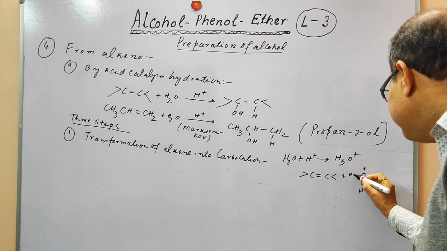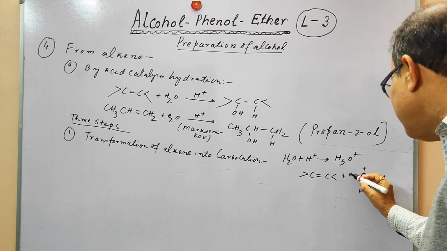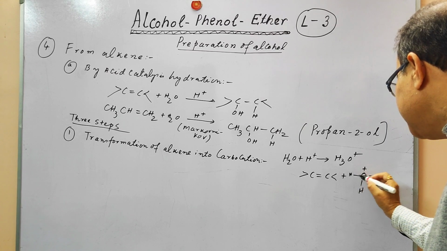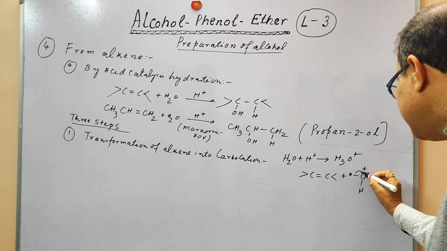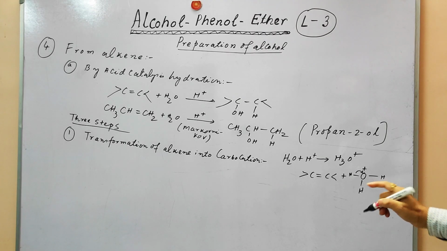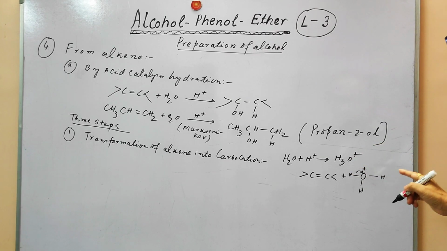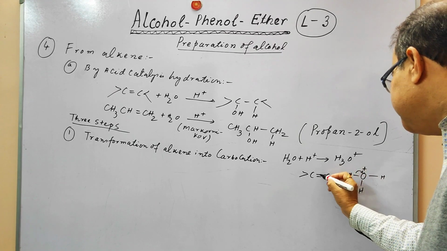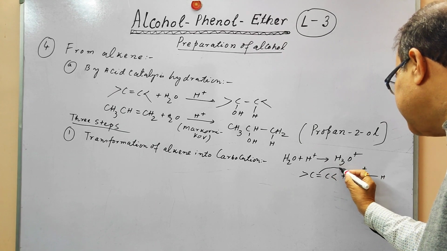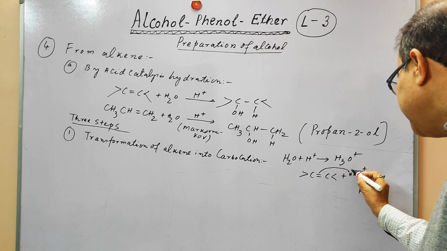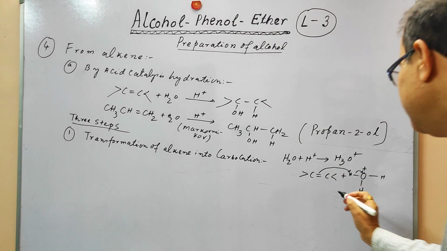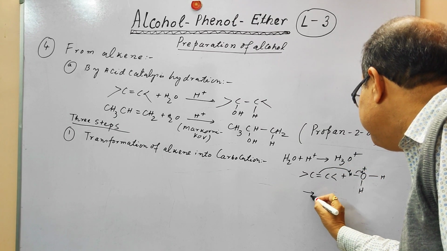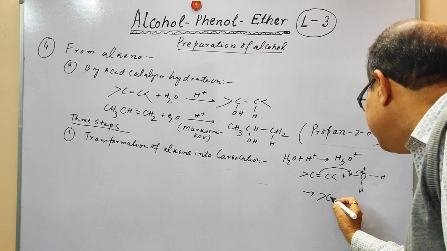It will take the bond pair electrons between hydrogen and oxygen to itself, and the movement of electrons is like this, and this free pi electron of the alkene will be taken up by this H plus ion, so it will become a carbocation in this way.